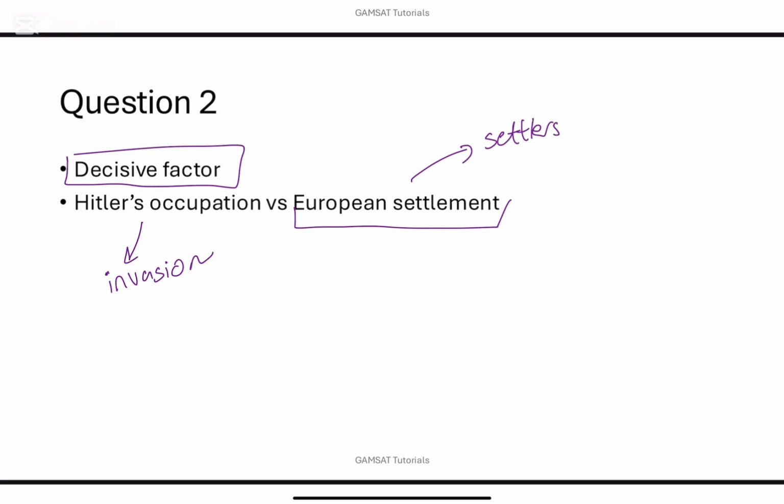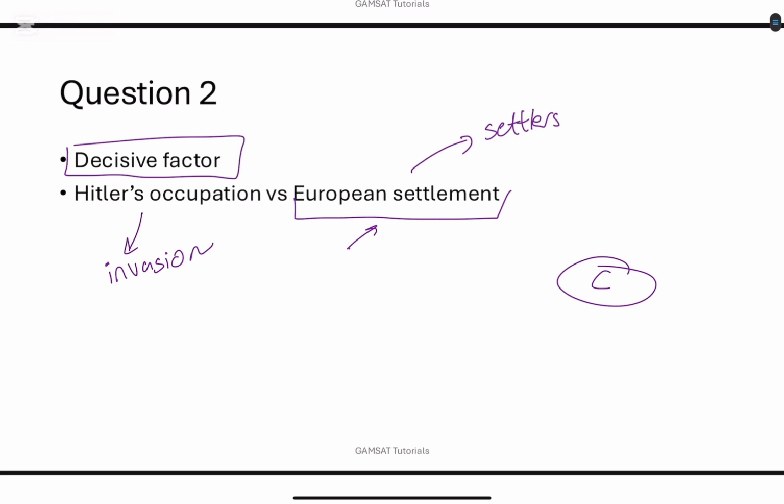So the argument is saying that you have to take into account what the people at the time saw themselves as doing. When it comes to Europeans settling in Australia, they saw themselves as settlers, whereas in Nazi Germany, they saw themselves as invaders. So that's what comment 2 is arguing, and therefore the answer option is C.